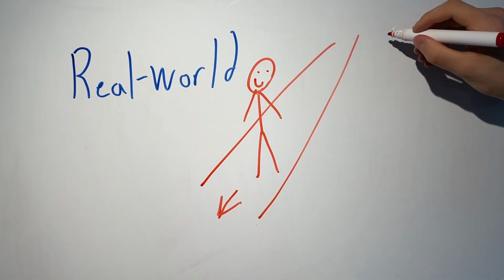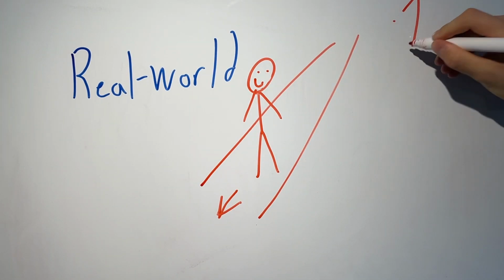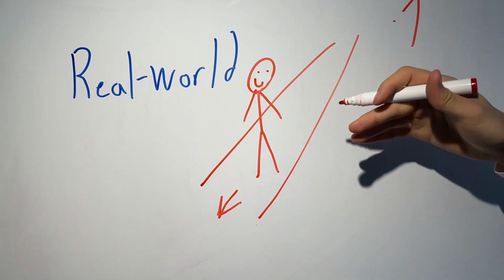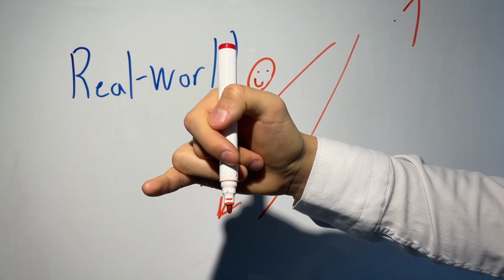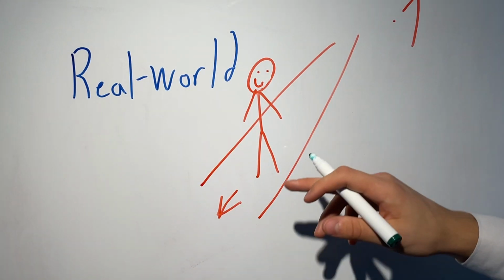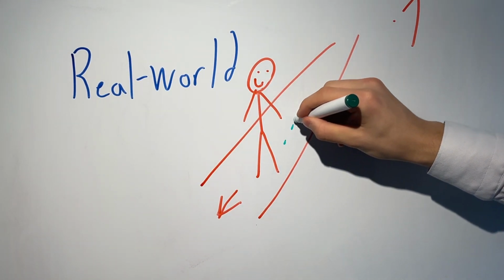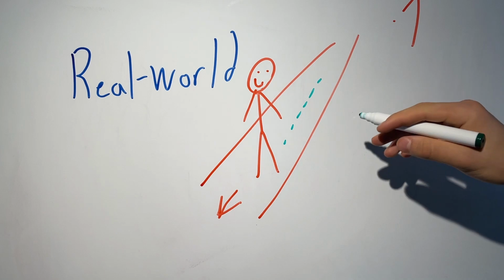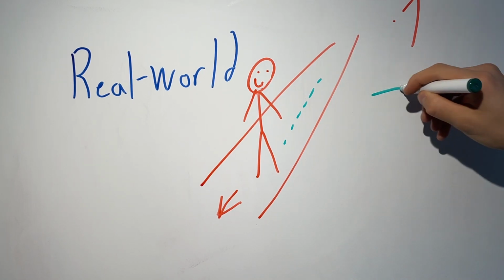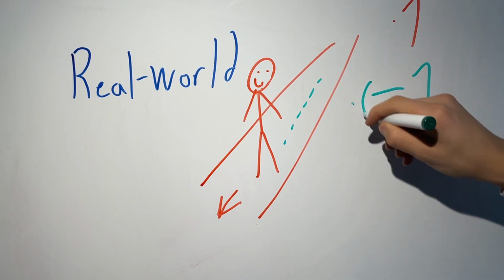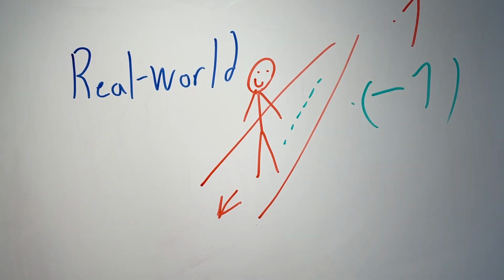So let's imagine we times that by 1. Nothing happens. You still are going to walk in this direction. But imagine you actually started walking backwards. That would mean that you're doing negative progress, right? So it's like times -1, right?